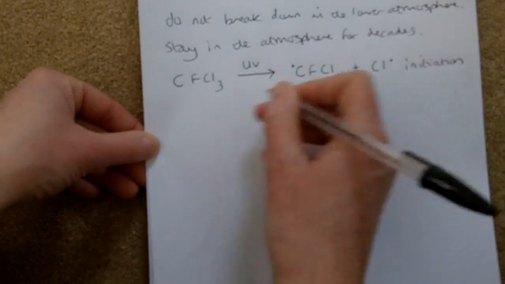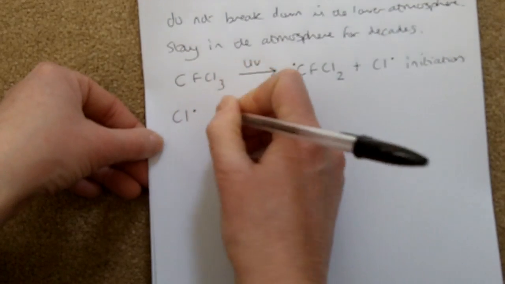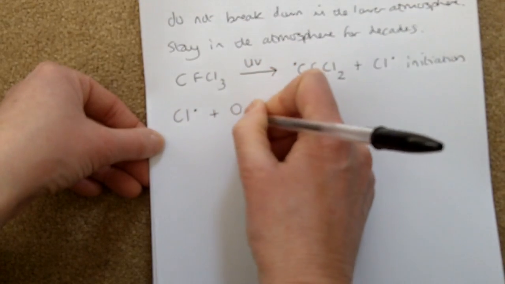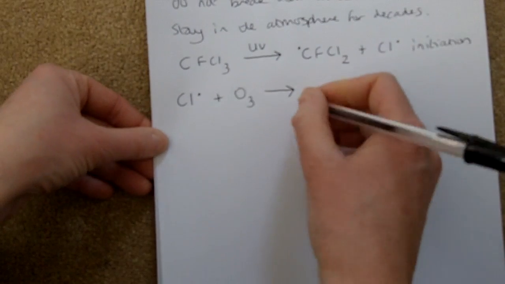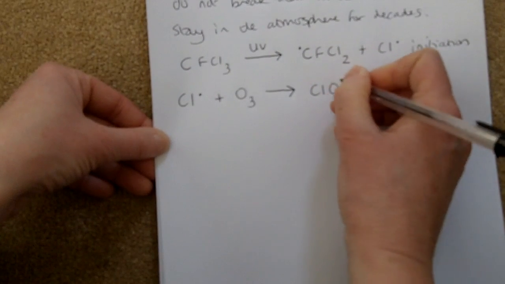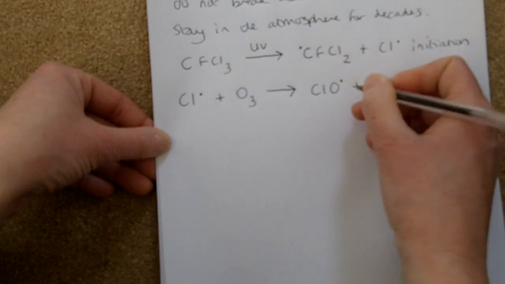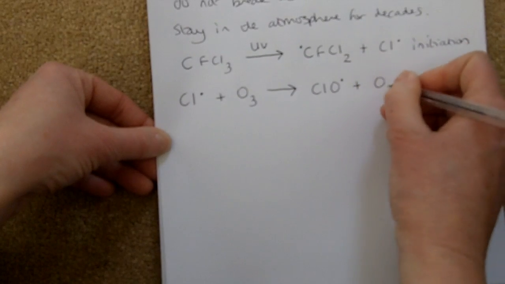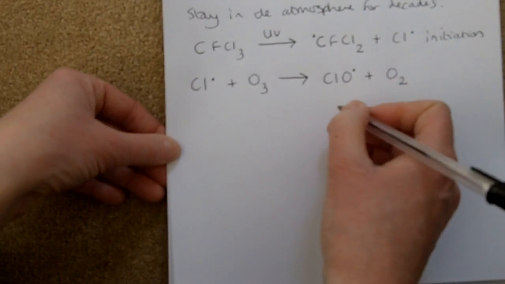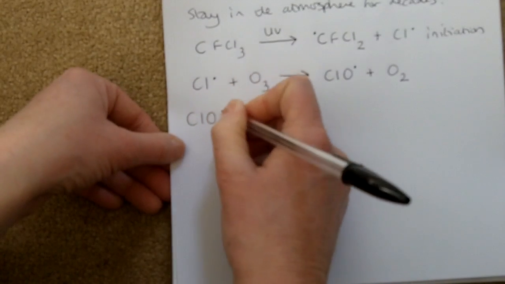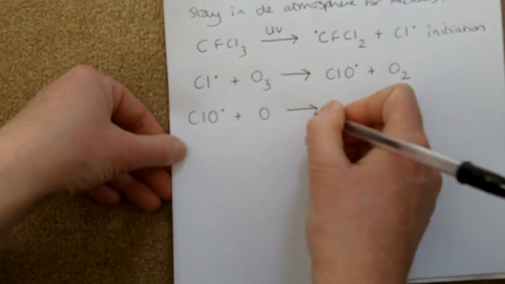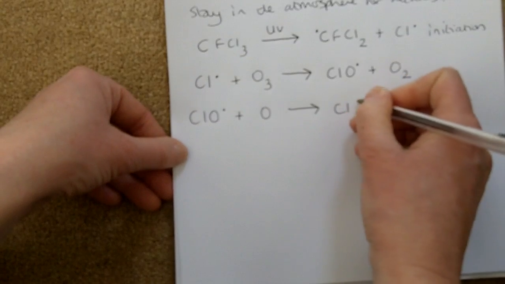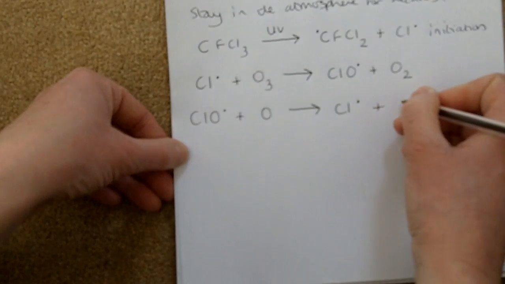Then the chlorine radical will react with an ozone molecule and generate another radical, ClO, and an oxygen molecule. Then that ClO radical will react with an oxygen atom to regenerate the Cl radical.